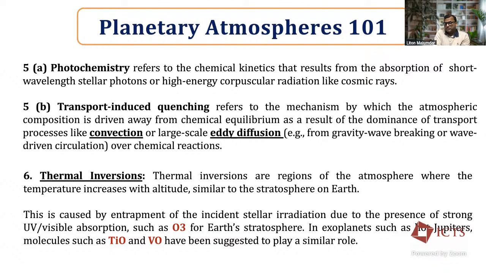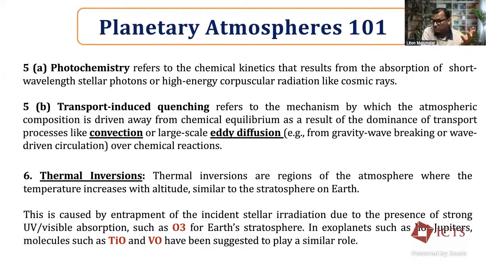These eddy diffusions can be caused by many processes, such as, if you have a planet with a dynamical atmosphere, the circulation of winds can also change the planet atmospheres. And these processes play a big role in setting what type of chemistry you will observe in planet atmospheres.